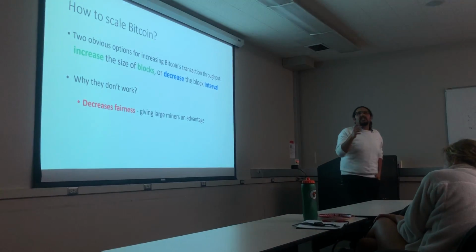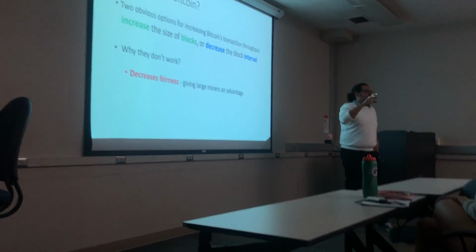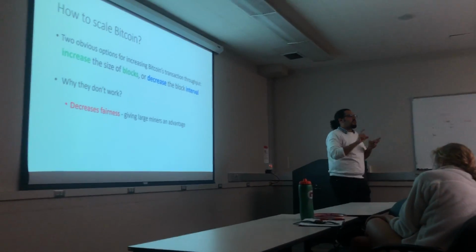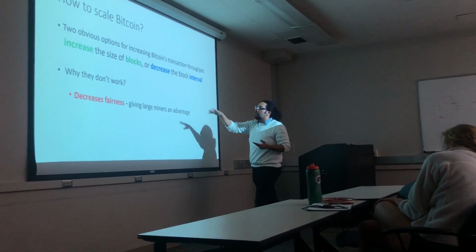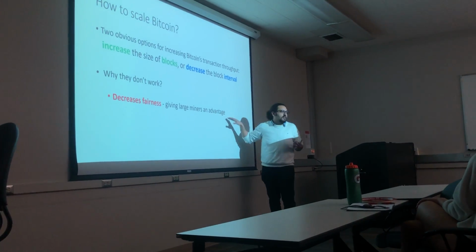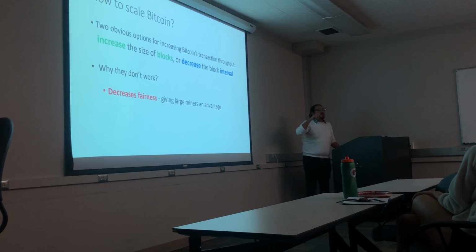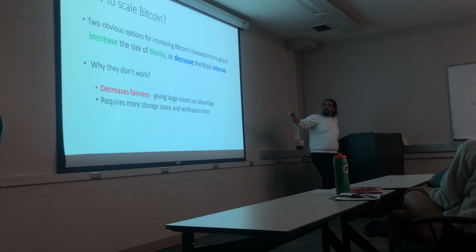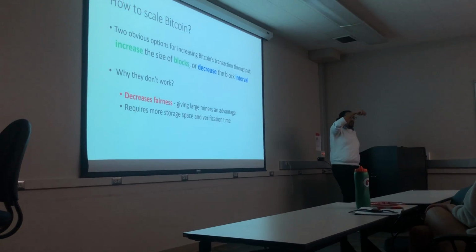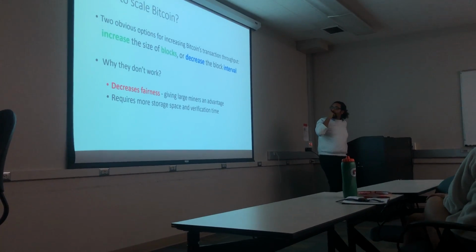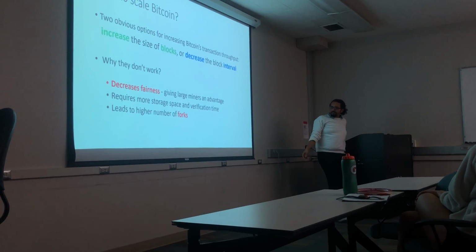That requires miners to have storage and network capabilities that not everyone can handle. So it decreases fairness, giving large miners an advantage. Also, transferring 1 gigabyte to the whole world versus 1 megabyte, the latency could cause a lot of problems. So it requires more storage and verification time.